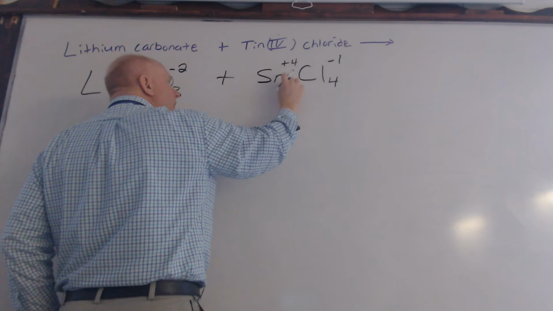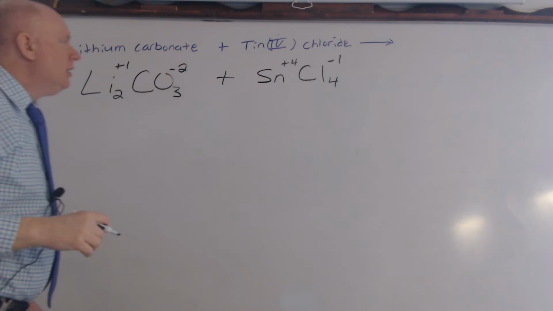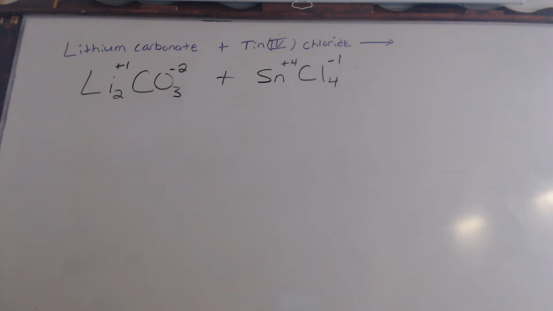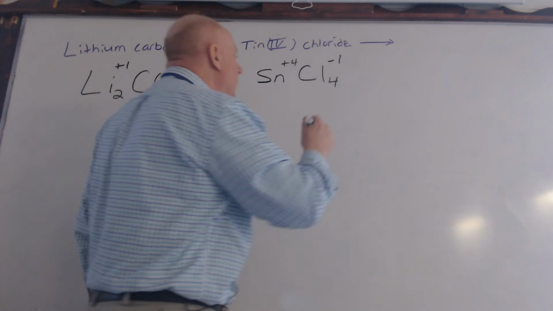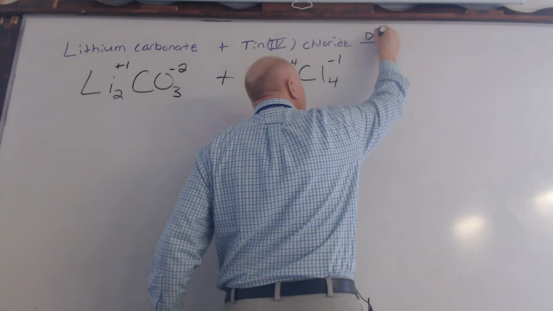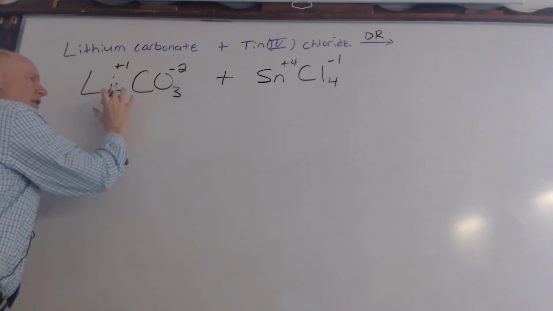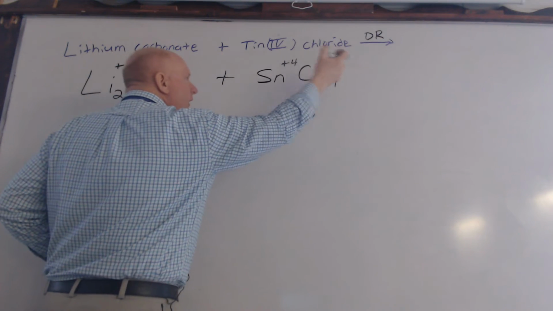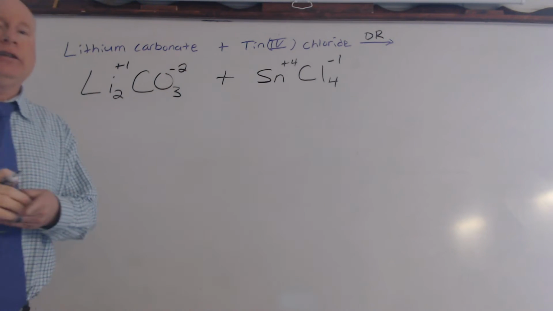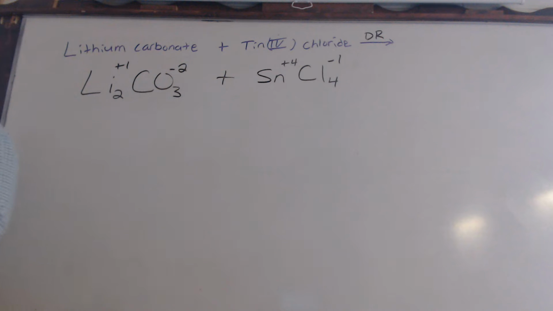and we've got 1. Okay, so looking at this, what type of reaction do you think this would be? It's a double replacement. Okay? All right. So since these two compounds are on the left-hand side, anything that's on the left-hand side of a reaction is called what?